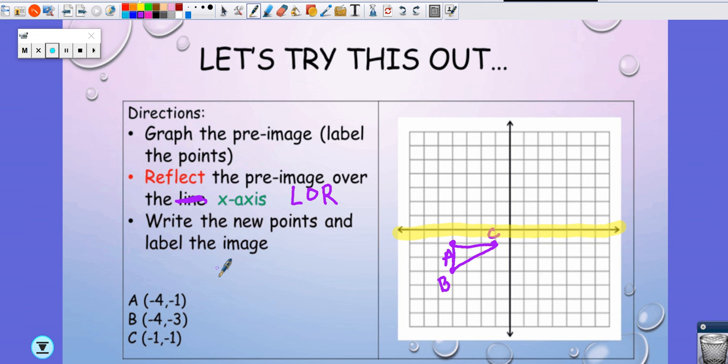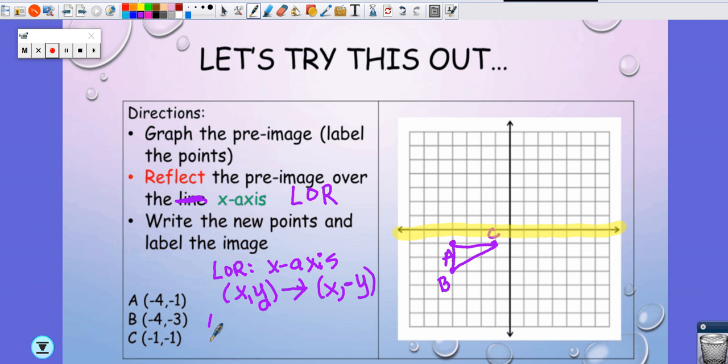If you have (x, y) as your pre-image, then all you need to do, if we're flipping over the x-axis, is keep the x the same and take the opposite of whatever the y value is. This is how you can remember: x stays the same with reflection, and you change the sign of the y value. So you just take the opposite of that sign.